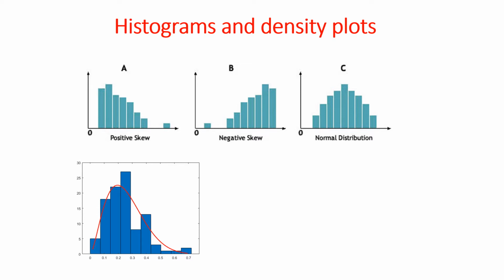If you want to have a better sense of your distribution, it's better to have a density plot, because a density plot is basically the same exact histogram, but with that density line added to the histogram, so you can easily decide whether your data is normally distributed or is suffering from a positive skew or a negative skew.